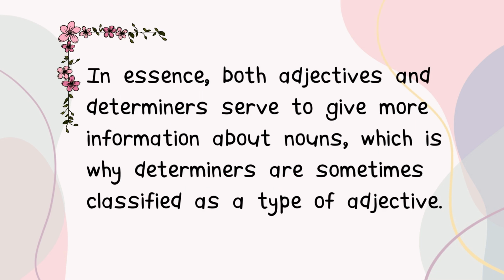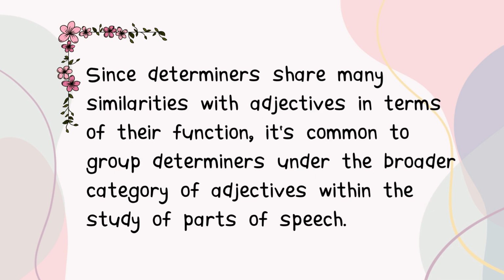In essence, both adjectives and determiners serve to give more information about nouns, which is why determiners are sometimes classified as a type of adjective. Since determiners share many similarities with adjectives in terms of their function, it's common to group determiners under the broader category of adjectives within the study of parts of speech.